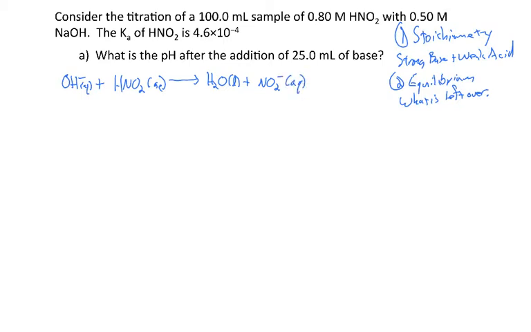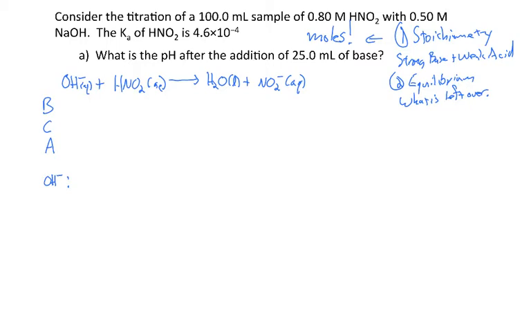All right, and so this is stoichiometry, so I like to make tables for these, but I use the BCA tables instead of the ICE tables because we're not doing equilibrium. And remember, whenever we do stoichiometry, we always have to work in moles. So I want to calculate the moles of hydroxide and nitrous acid. So for the hydroxide, I'm going to use the molarity equation.